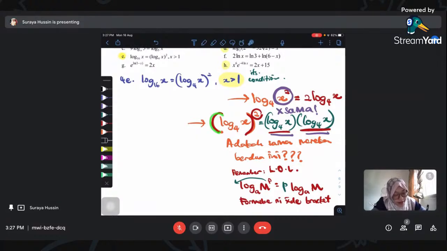Disebabkan literally this bracket yang membuatkan yang ini tak boleh apply. Tak boleh langsung apply sebab dia ada bracket. Kalau dia ada bracket means tak boleh apply suka-suka hati bawa turun. Yang boleh bawa turun hanyalah yang tak ada bracket. Nampak?